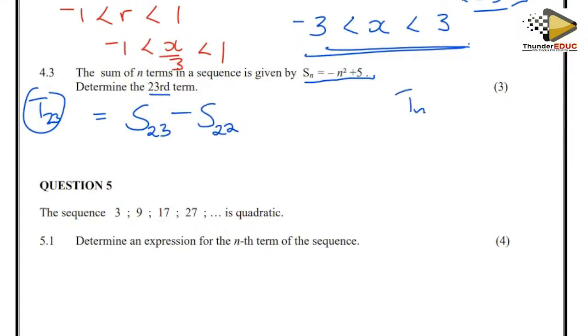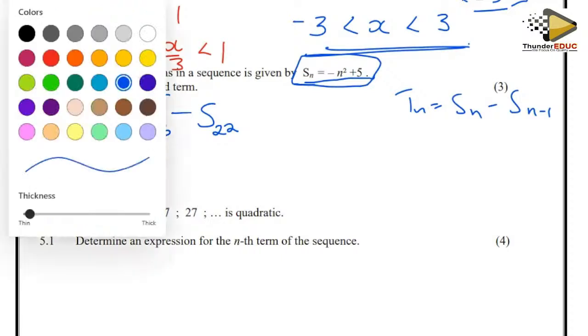Remember, I said Tn will be Sn minus Sn minus 1. That's what we said. So what we need to do is replace n with 23 in this formula and get S23. And then do the same with 22, and we get S of 22.